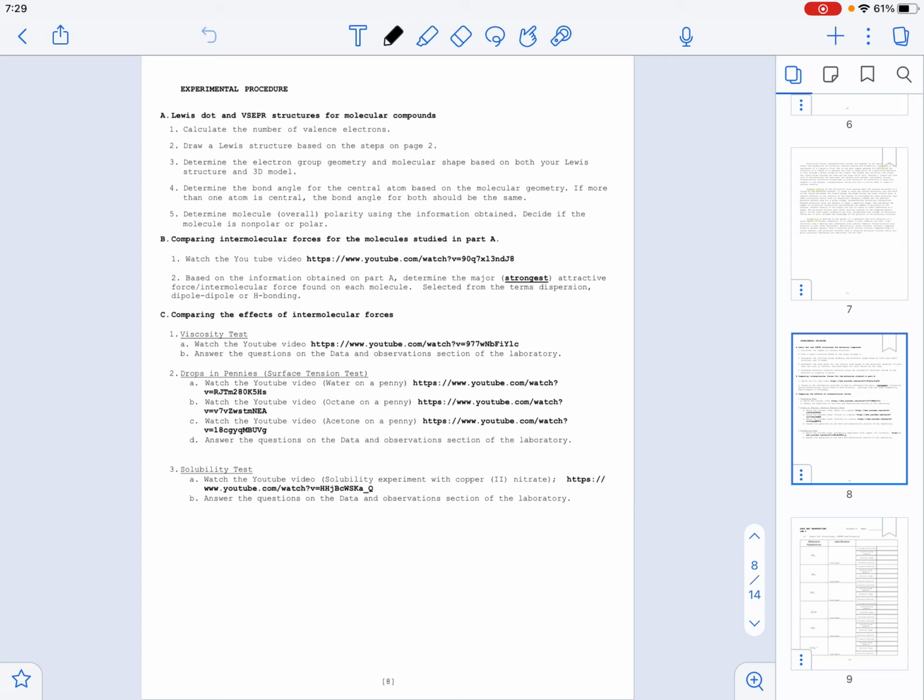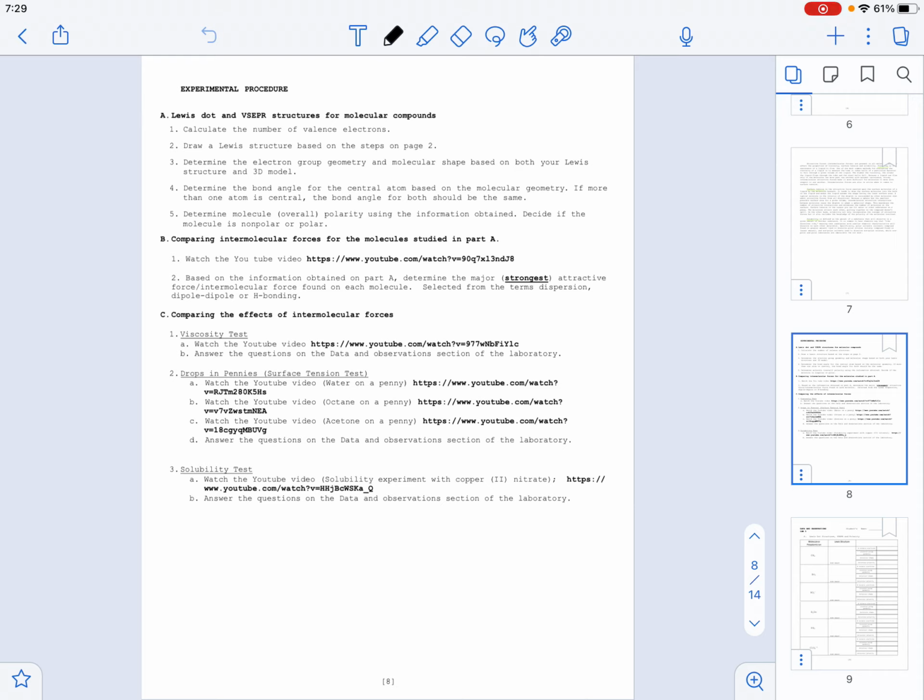When it comes to the strength of these attractive forces, remember, hydrogen bonding is the strongest, dispersion is the weakest, out of the 3. So from dispersion towards hydrogen bonding, the strength of the attractive force increases.